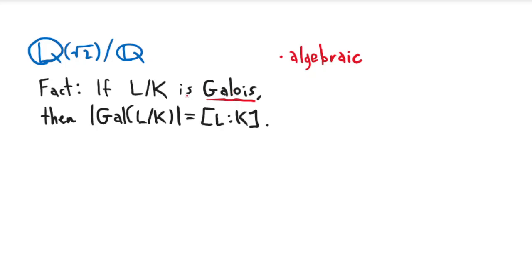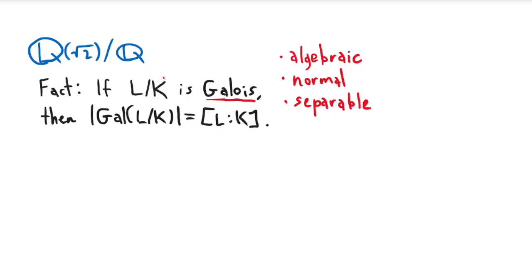So this is an extension where every element of this field L is algebraic over K. So it has a minimal polynomial over K. And then the other things that have to be true to be Galois is that the extension has to be normal and separable.